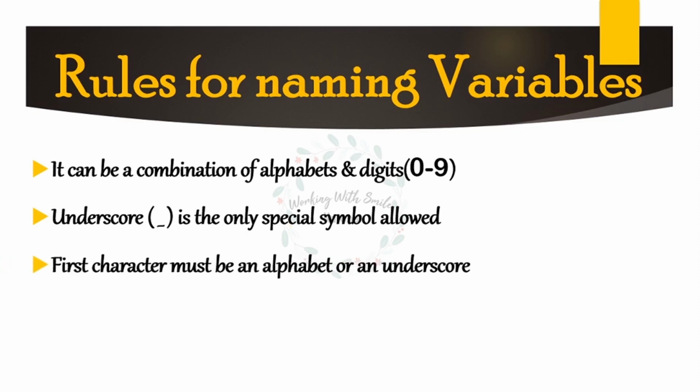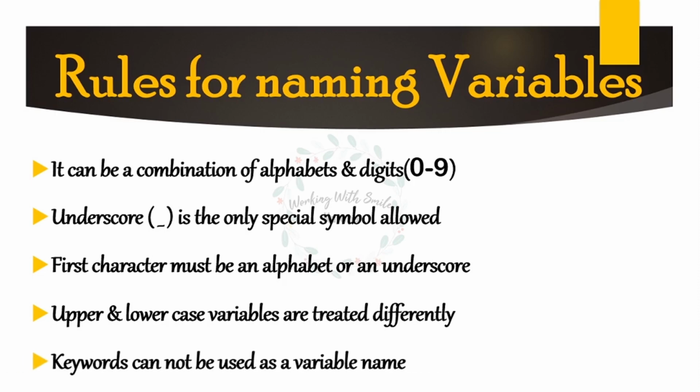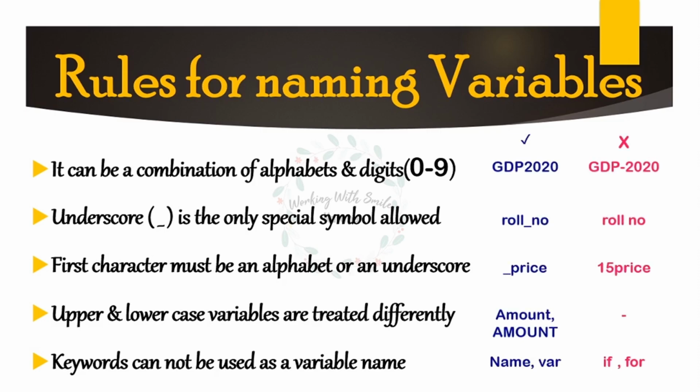The first character of a variable name must be an alphabet or an underscore symbol. As Python is a case-sensitive language, upper and lowercase variables are treated differently. Keywords or reserved words that have a special meaning in a programming language cannot be used as a variable name. Here I have some valid and invalid variable names that can be used in your Python programs.